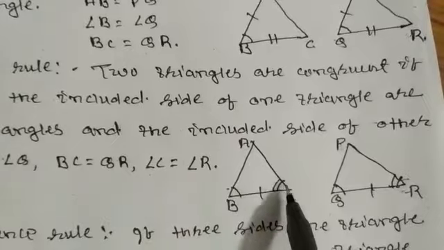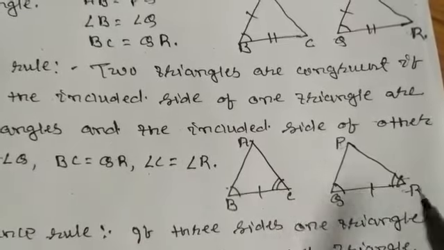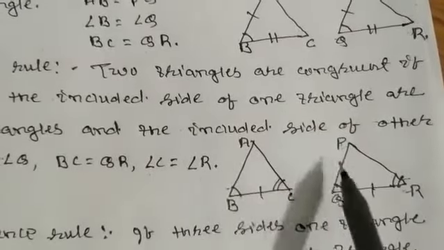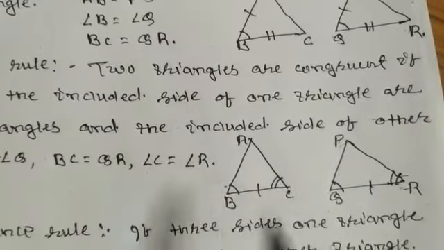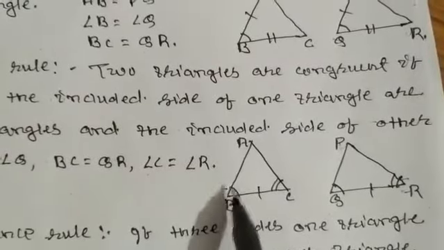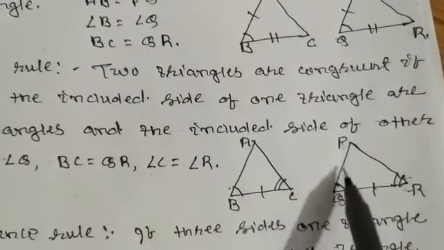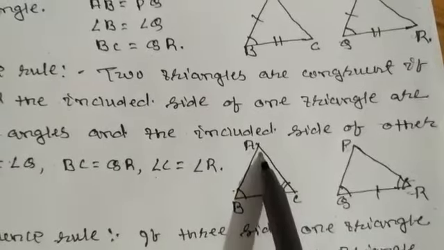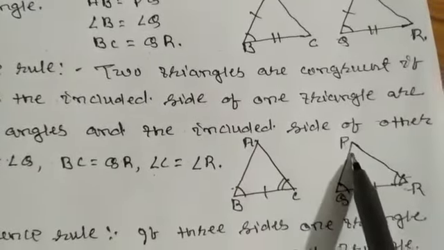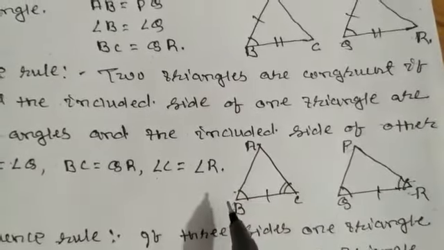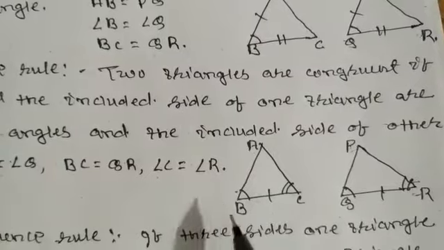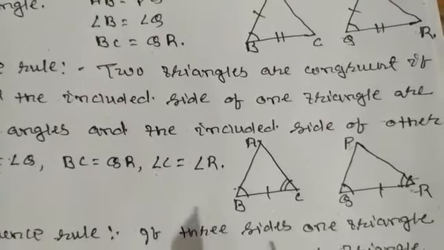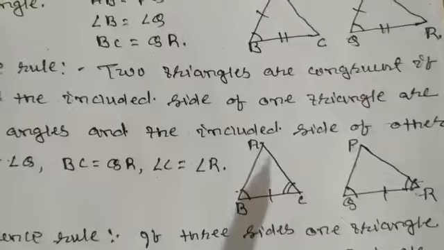Because when two angles of two triangles are equal, it is obvious that the third angle must also be equal. So when this side is equal to this side, and this angle is equal to this angle, it reduces to the case of ASA. So this is also called the AAS condition.